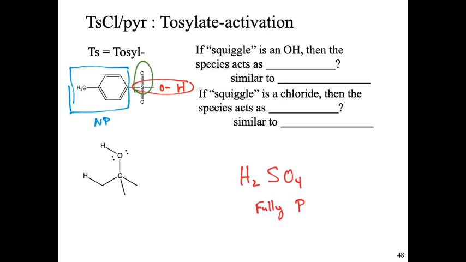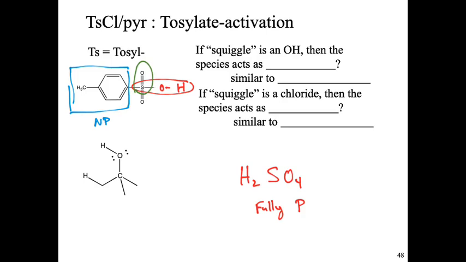What do we react in organic chemistry? Carbon compounds. What are their solubilities in fully protic environments? Not very soluble, which means adding sulfuric acid to most of our organic reactions is not a useful thing because it's not going to mix with the organic materials.